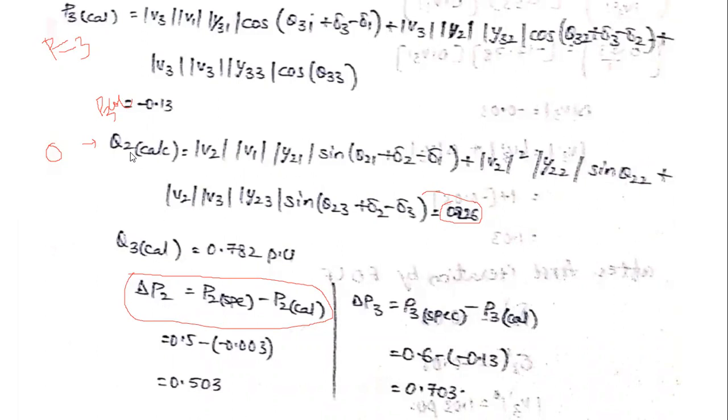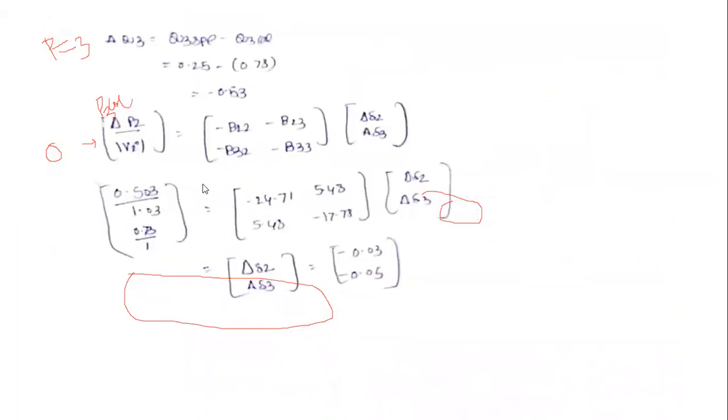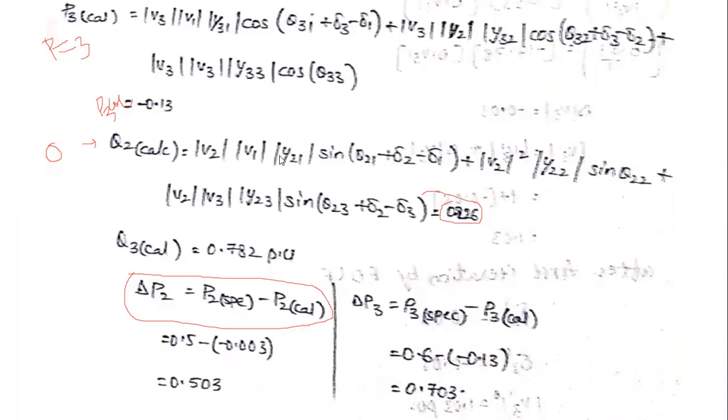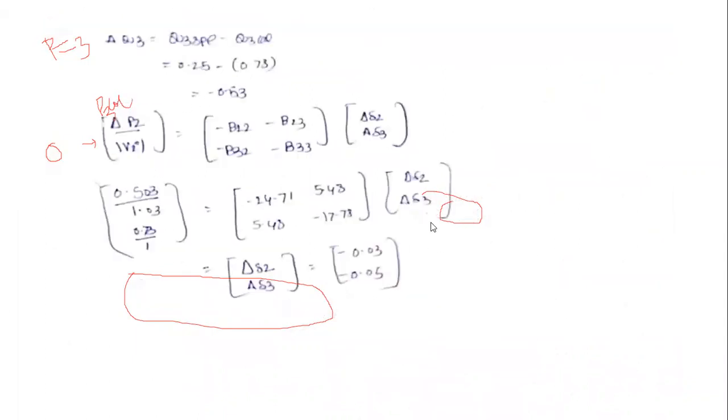Next, Q2 means the Q2 specified minus Q2 calculated. Similarly, we are calculating the delta Q2 value. Delta Q2 means the change of reactive power at bus 2.